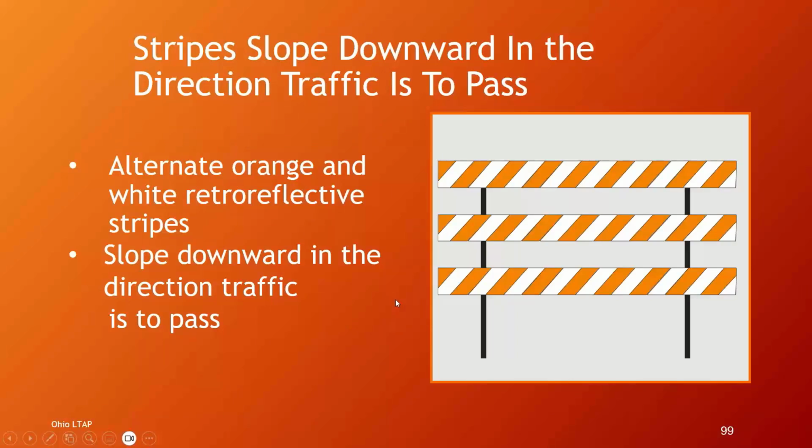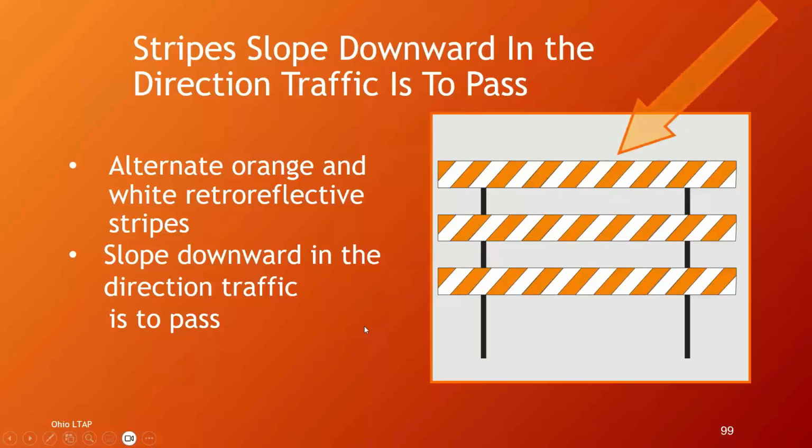And the stripes on a barricade actually mean something. It's kind of like if you're driving down a road and you're arriving at a bridge, and you might see the black and white stripes on the sides of the bridge as you approach on the parapets. And they're striped the same way as these barricades.